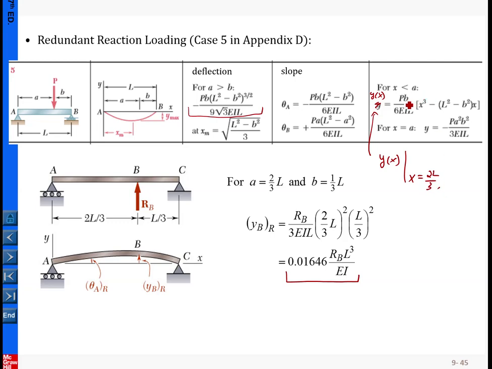In this equation we have b, and b equals L/3, and this is a. So this is the a equivalent to our problem pattern here, and this is b. So you can also use this equation, proceed with the calculation, and that is the result here. For this case, that is the magnitude, with a positive sign, which means it is upward.